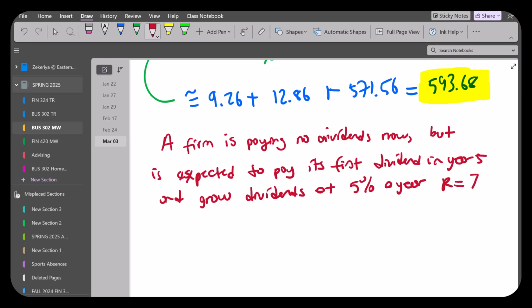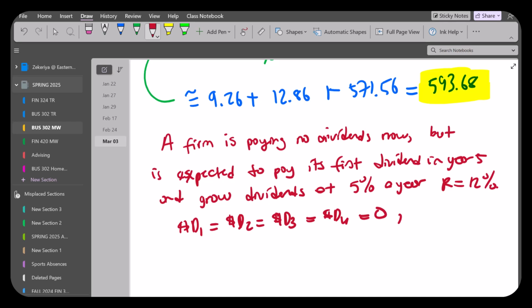And the discount rate is 12%. Technically speaking, you know the dividends over the next 5 years, right? They are zeros.